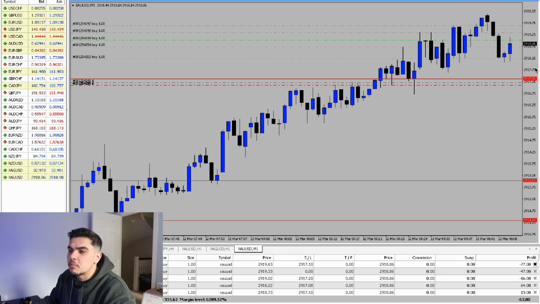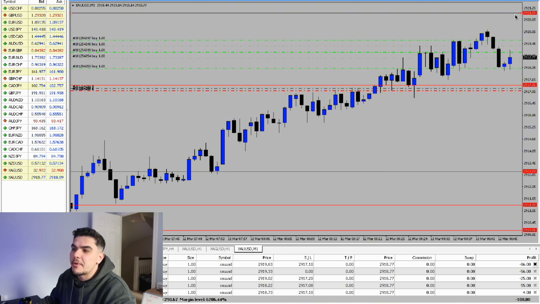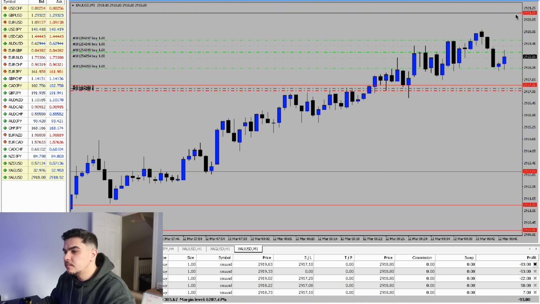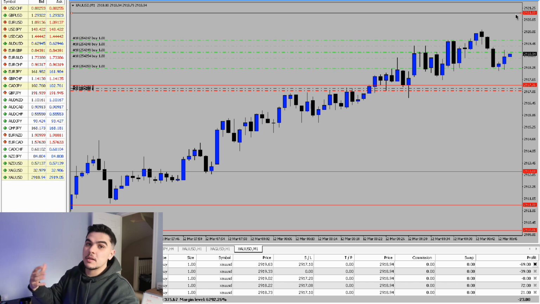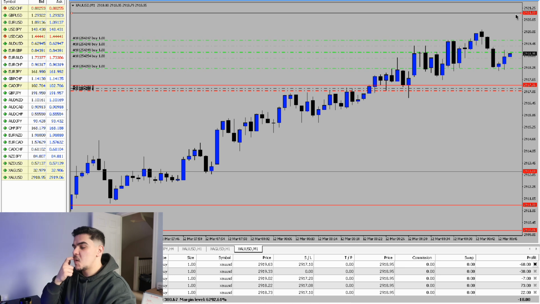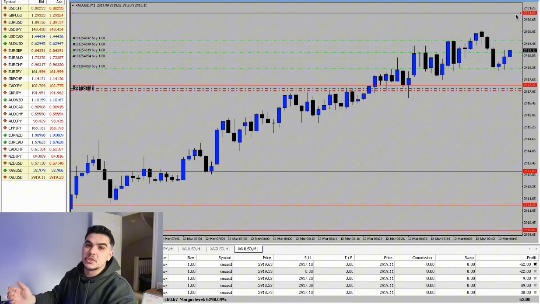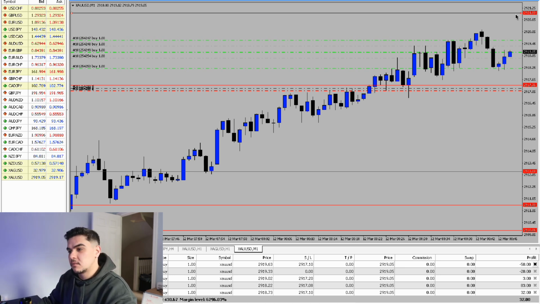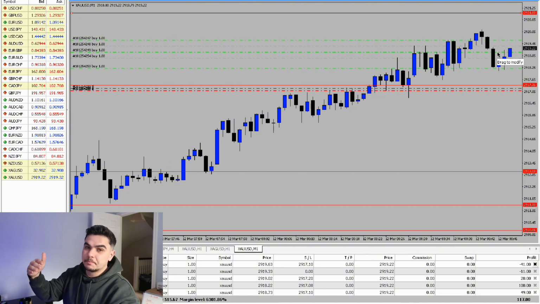It is looking like it does want to break out there. We just need that break above 29.21. That will put me in about 30 pips profit. Again, I've got a couple of positions on now, so it puts you in a good position adding. If we break these highs, I will begin to trail again.